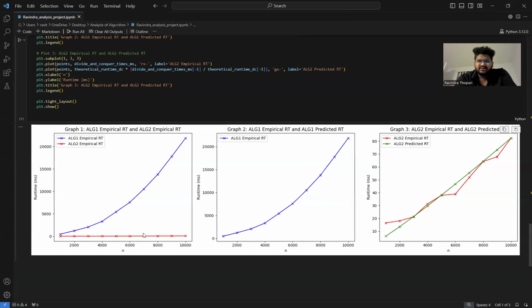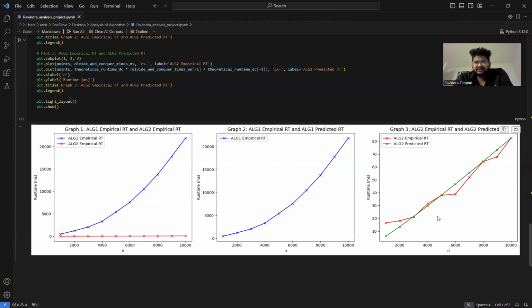Graph two was all about algorithm one and its empirical runtime. Its steep curve wasn't surprising but did hammer home its inefficiency.